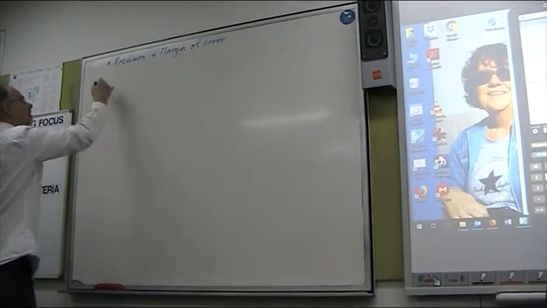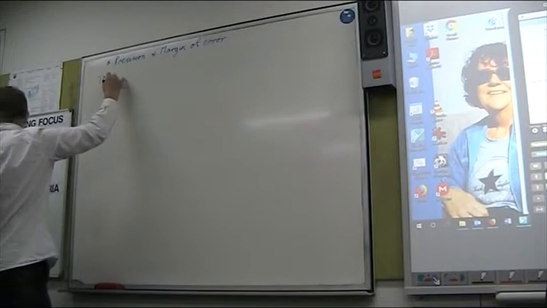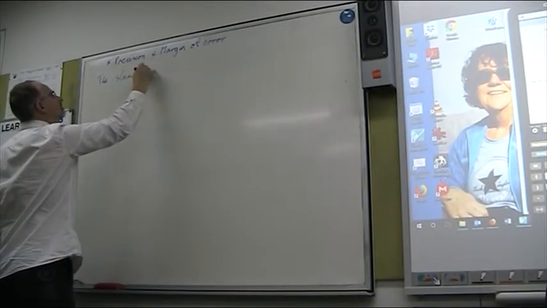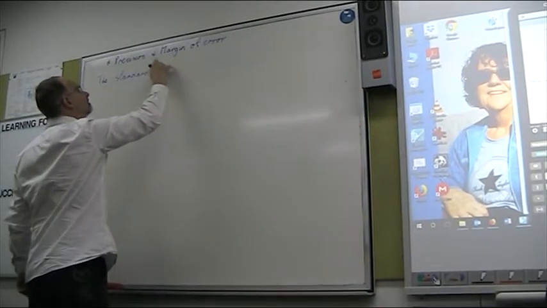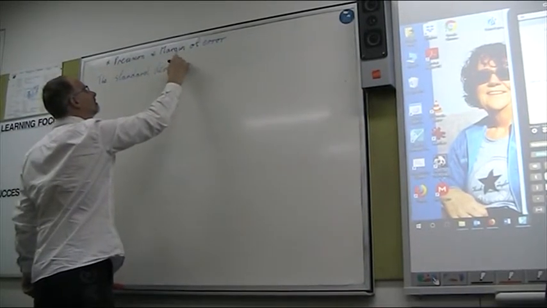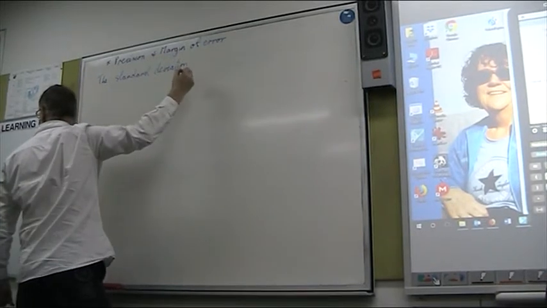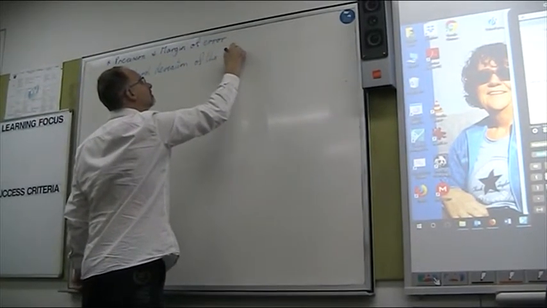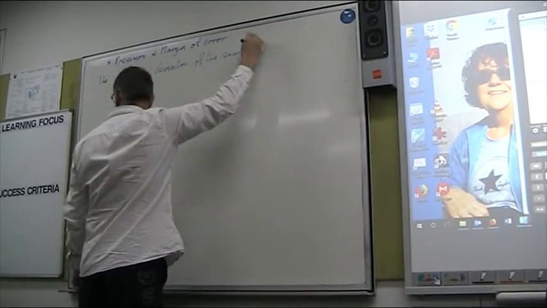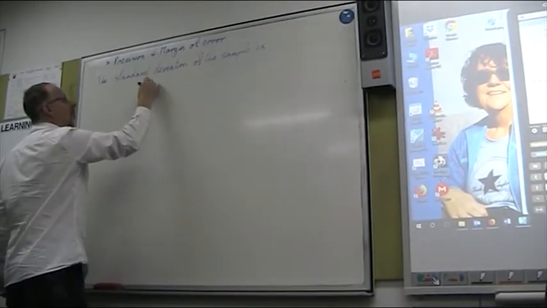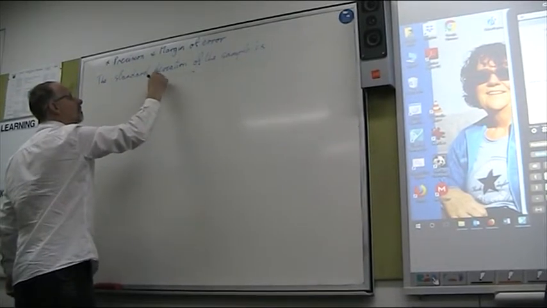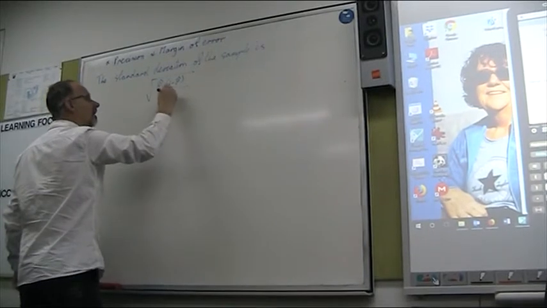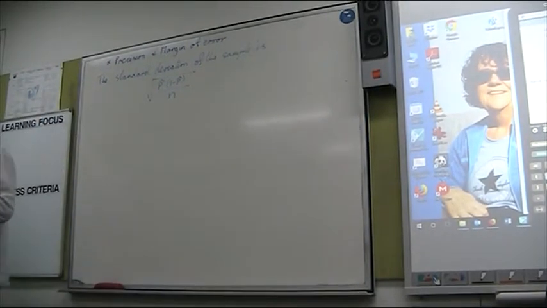The standard deviation of the sample is the square root of the sample proportion times 1 minus the sample proportion over our sample size.